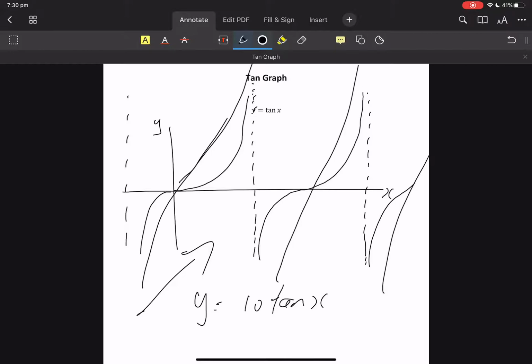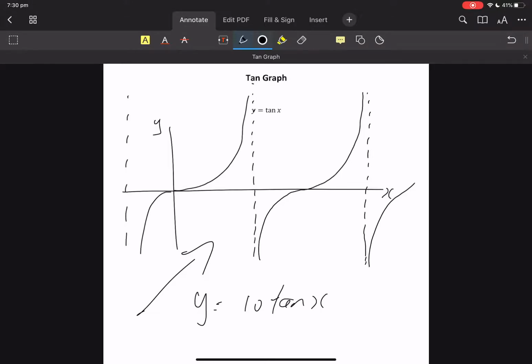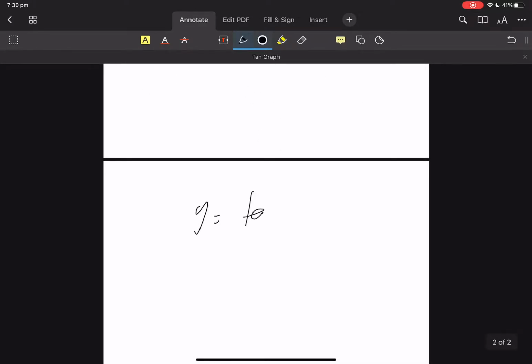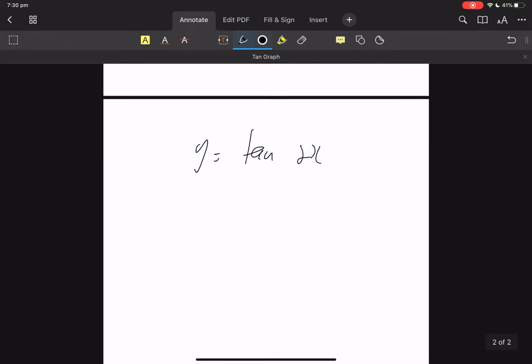Again, you can play on Desmos, you can play with your table of values, but that's the basic tan graph. You can put coefficients of x in there. So if you had y equals tan 2x, then your initial asymptote used to happen at 90, or in radians, it would be pi on 2.